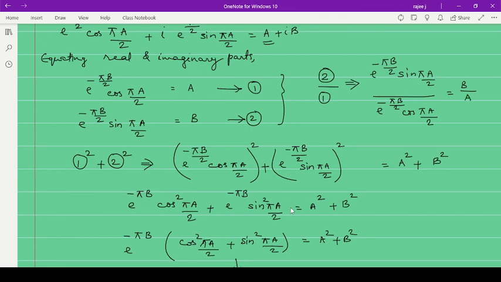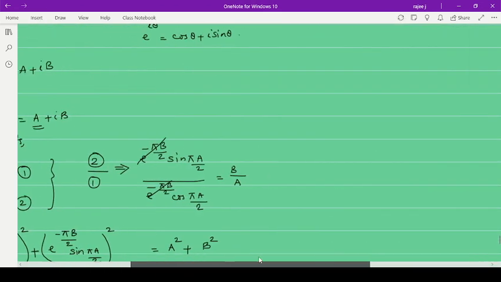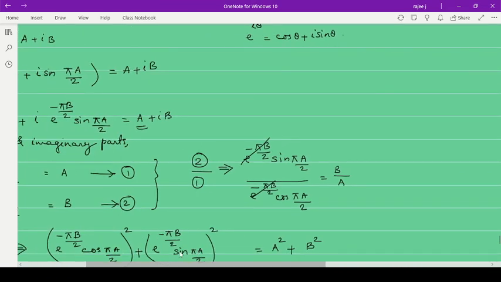When you cancel these two, we get tan pi a by 2. This means sin upon cos is tan pi a by 2 is equal to b by a. That is what we have to prove.